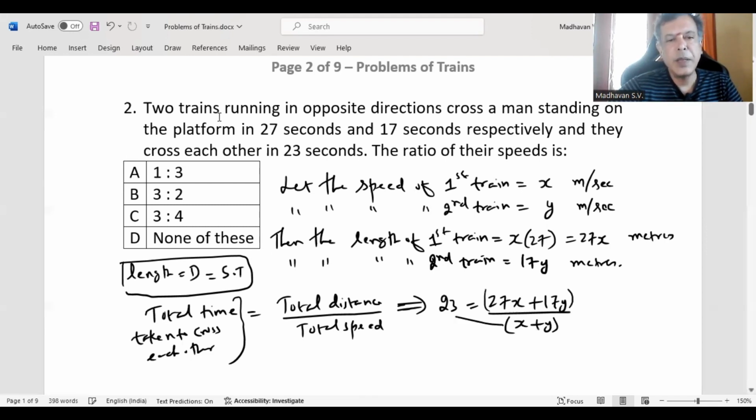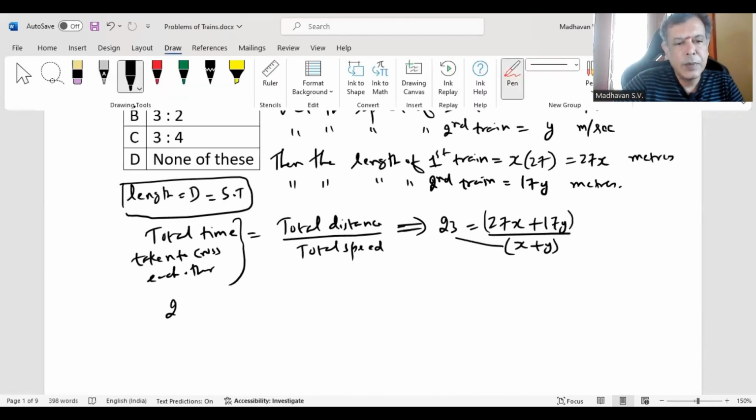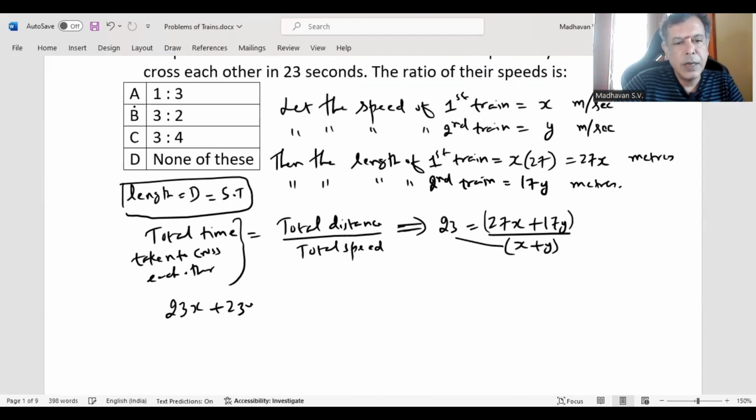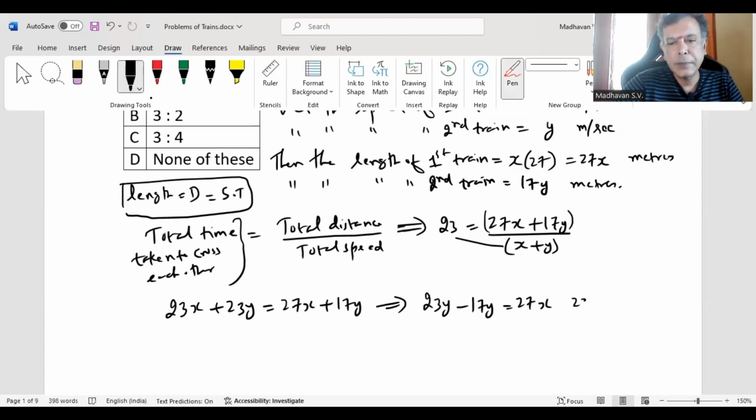Now we will cross multiply these two. So we get 23 times x plus 23 times y equal to 27x plus 17y. Bringing all x terms and y terms to one side, we get 23y minus 17y is equal to 27x minus 23x.